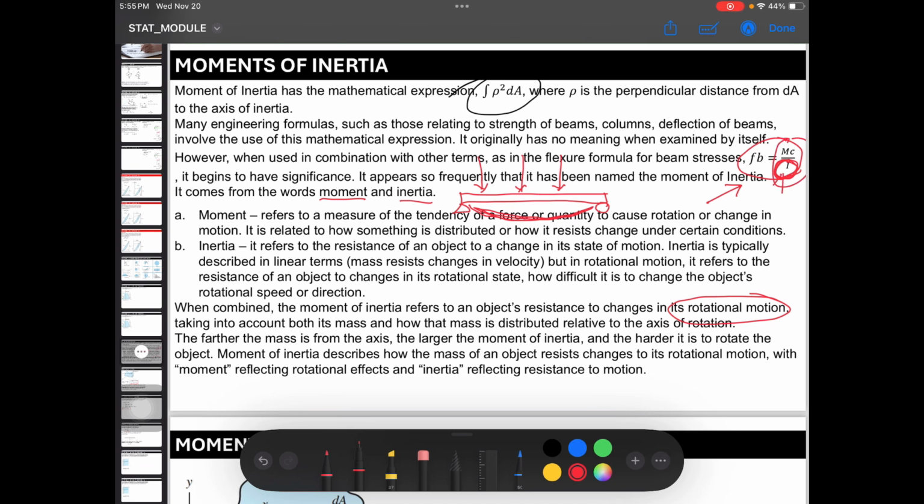Kapag maliit, dahil nasa denominator, pag maliit ang amount ng moment of inertia mo, malaki ang iyong bending stress, ang stress ng beam mo. So, ayaw natin yon. Kaya, importante na alam natin ang moment of inertia ng cross-section ng material na gagamitin natin, because that will help resist rotational motion kapag niloloadan ang mga beam natin.